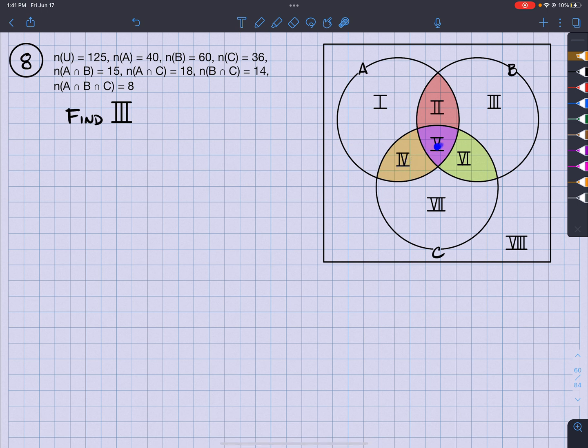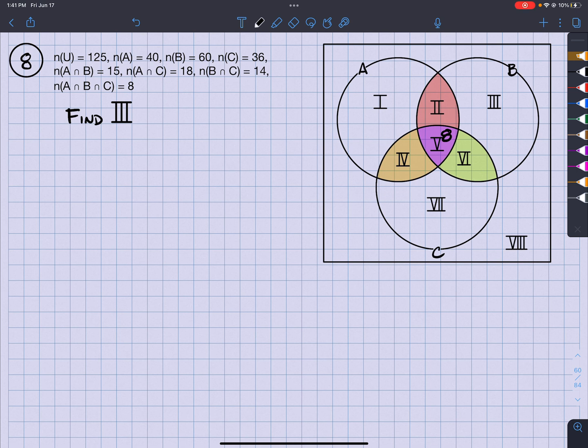A and C, so 4 and 5 has 18. B and C, that means 5 and 6 has 14. And then in here, there is 8. So in here, there is going to be 8 right in here. Okay. All right, so there's 8 in there.